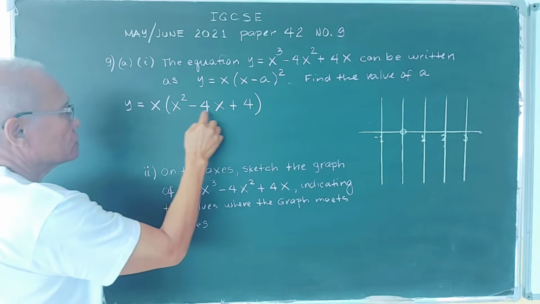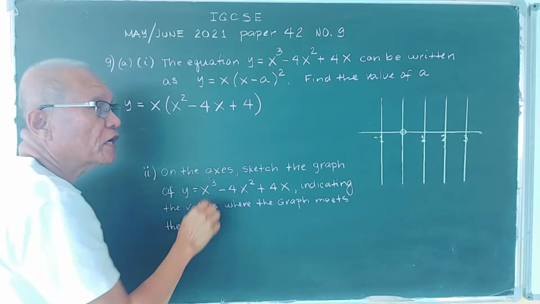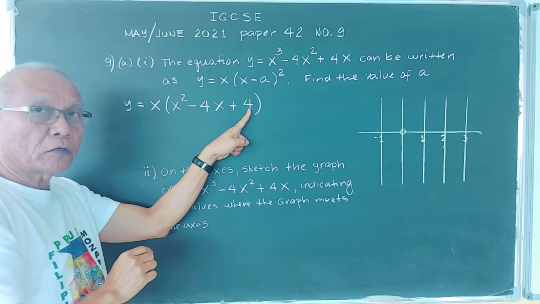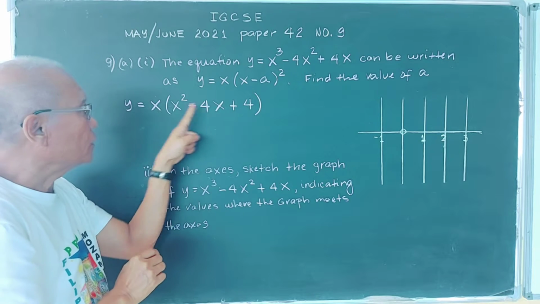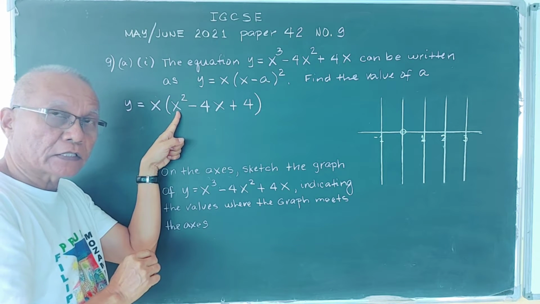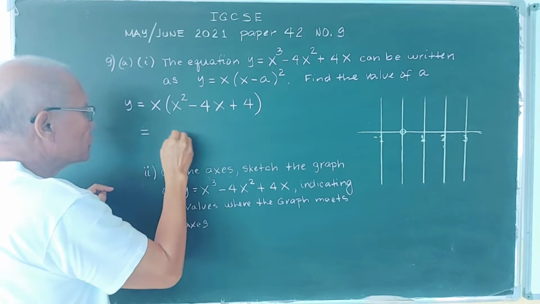Now, what do you observe about this trinomial? This is a perfect square trinomial because we can take the square root of 4, which is 2. And this is also a perfect square, which is x times x squared. So, let us factor this one.